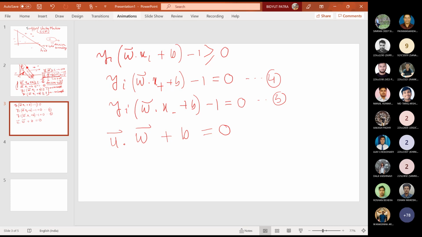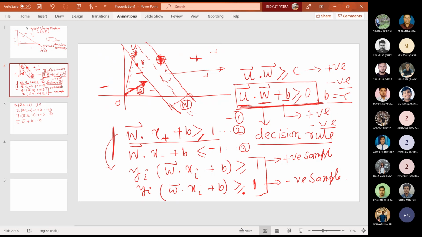Now what we have to do is find the widest street, right? So in this equation, we have to find the width of this street, and that should be maximized.